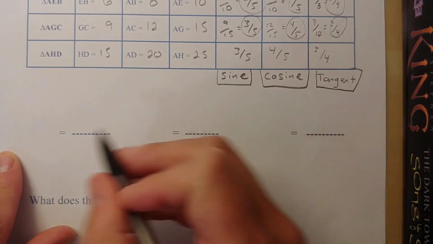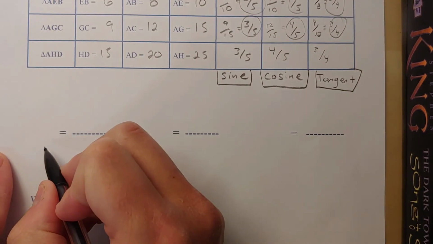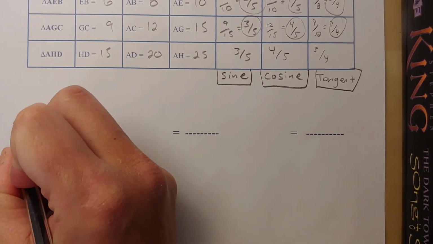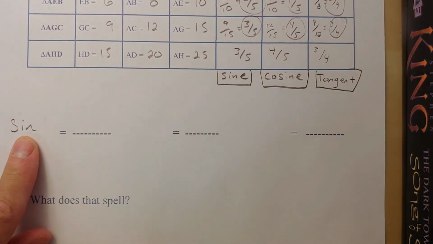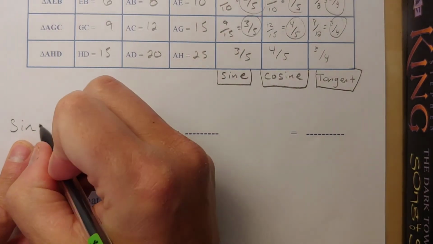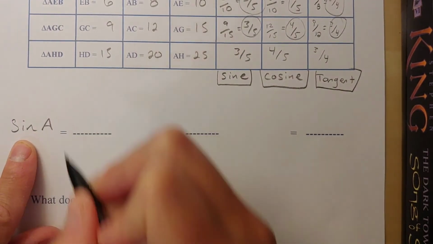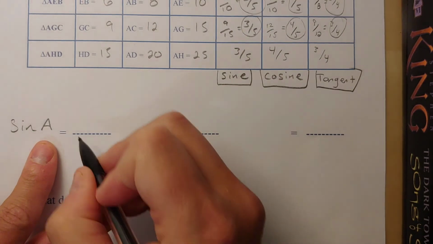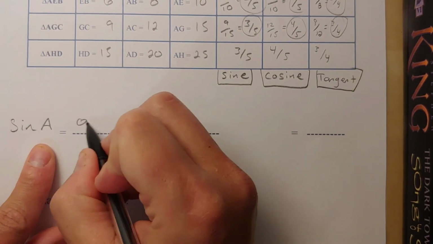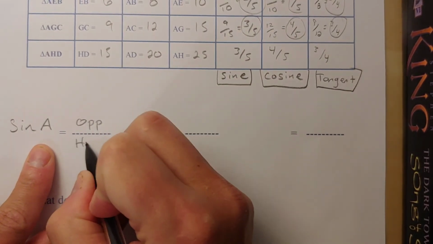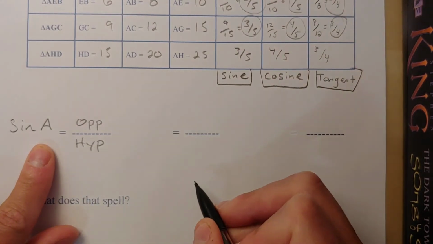So we just learned that if I find the sine, which is abbreviated SIN, of angle A in this diagram, I would be doing the opposite over the hypotenuse.